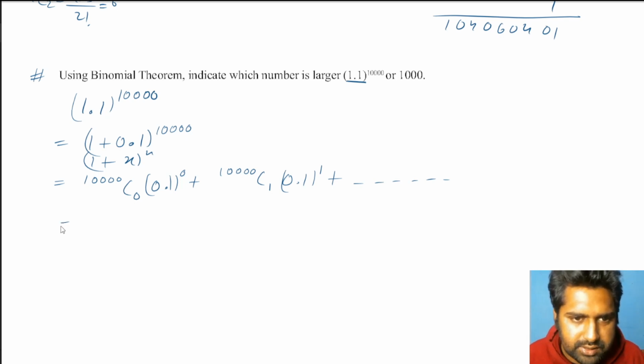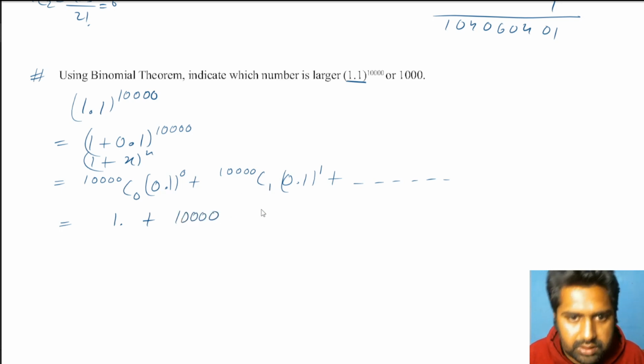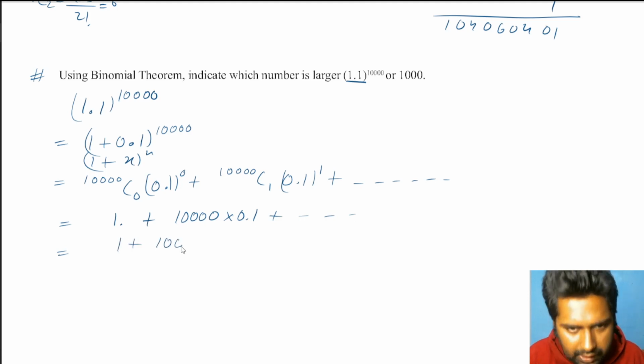Let's look at the first terms. Anything C0 is always 1. Anything raised to power 0 is also 1. So the first term is 1 plus 10,000 C1, and nC1 is n, so 10,000 into 0.1, plus, and so on. The terms will continue, of course. This becomes 1 plus 10,000 into 0.1, that becomes 1000.